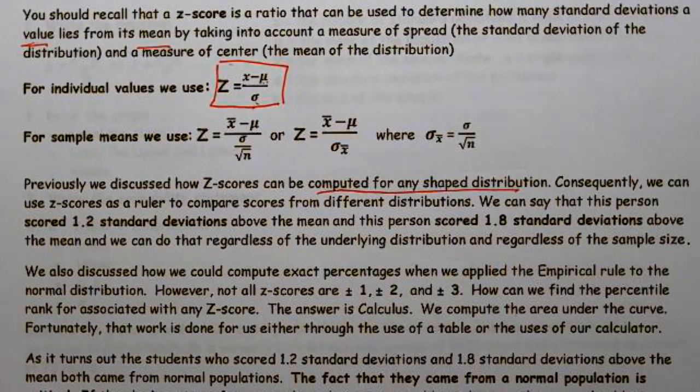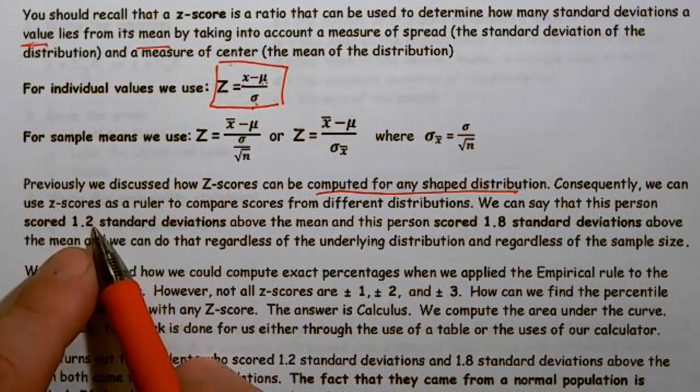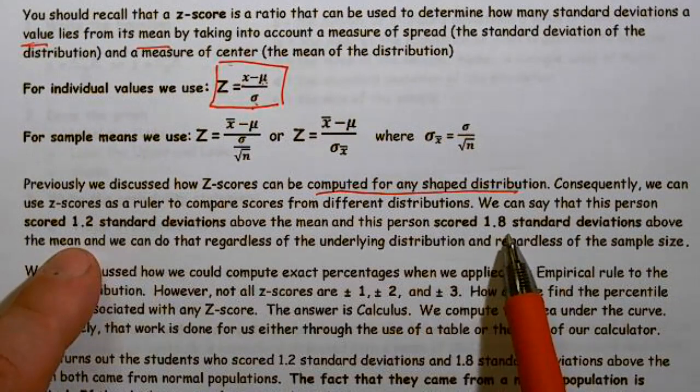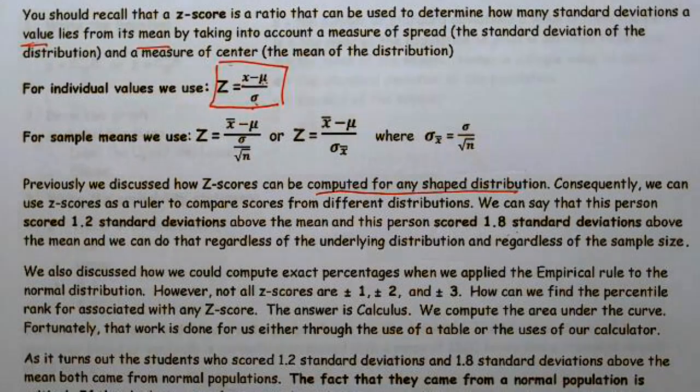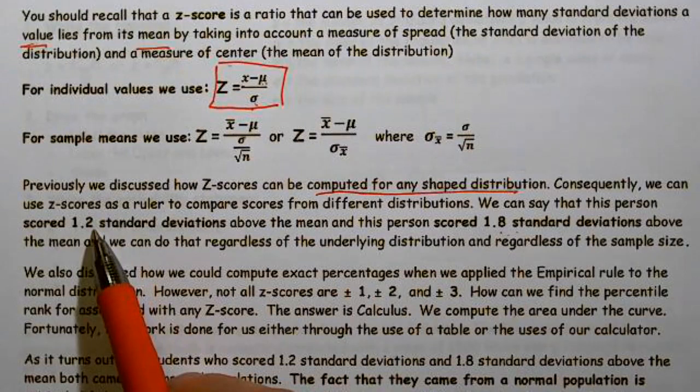All right, so consequently, we can use it as a ruler to compare scores from different distributions. All right, so if we have someone who has 1.2 standard deviations of the mean and someone else who has 1.8, we could say the 1.8 performed better, regardless of what the shape is and what the underlying distribution, regardless of sample size, we can make that comparison and make that claim. The 1.8 was higher than the 1.2.